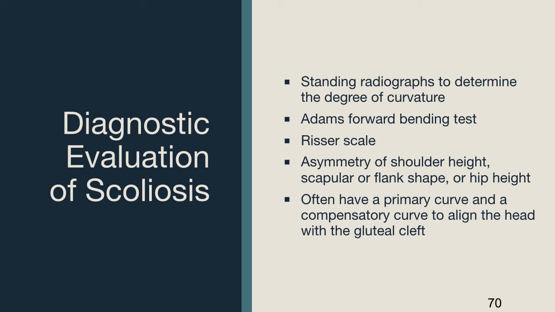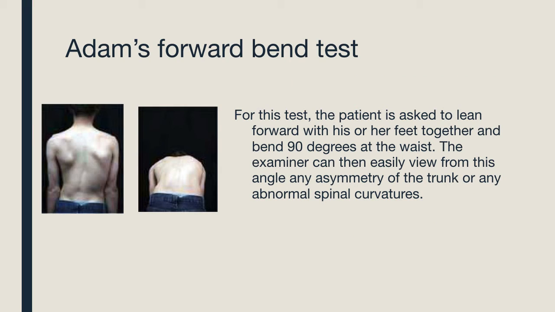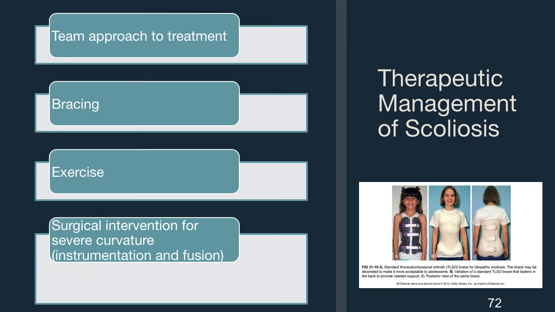There's often a primary curve and a compensatory curve so that the head is aligned with the gluteal cleft. So we all know what the Adams forward bend test is after having gone to class. I'm not going to spend time there.